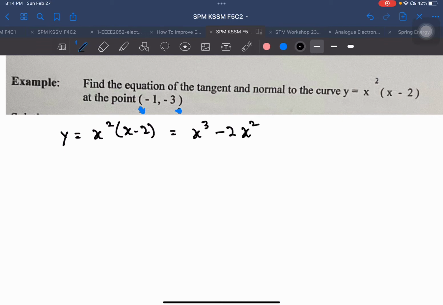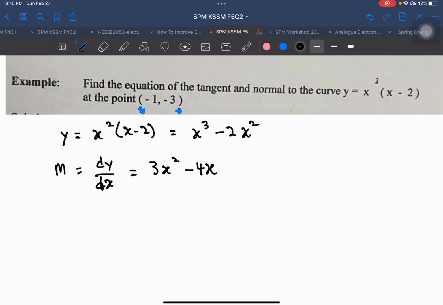Now we have to find the gradient of the tangent. What is the gradient? This is the gradient, dy/dx. You just differentiate y with respect to x.